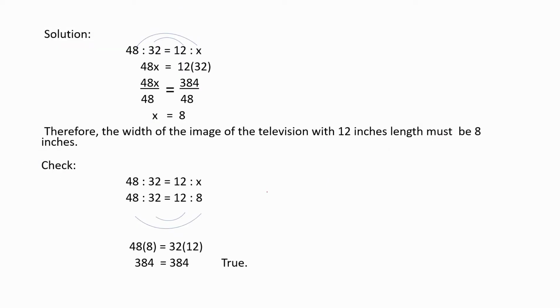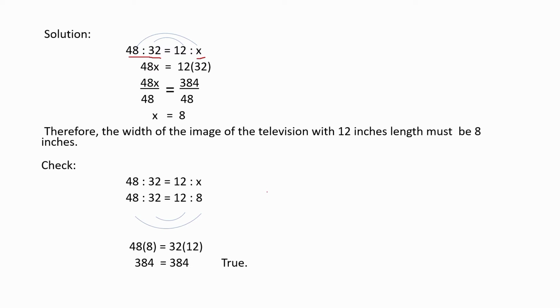Now, let me show you the solution on how we find the value of x, which is equal to 8. In the given problem, we have 48 is to 32 is equal to 12 is to x, meaning we're going to solve for x. So what we're going to do is multiply the means and the extremes.